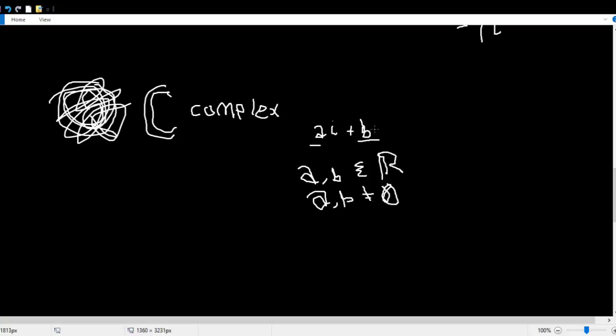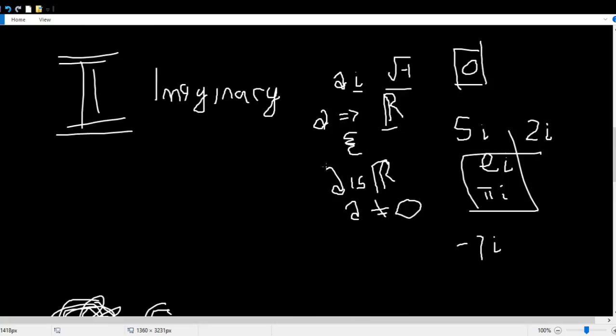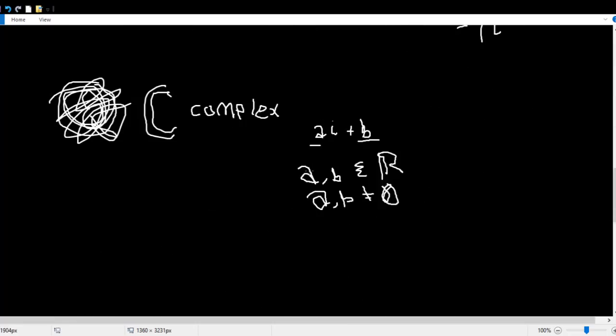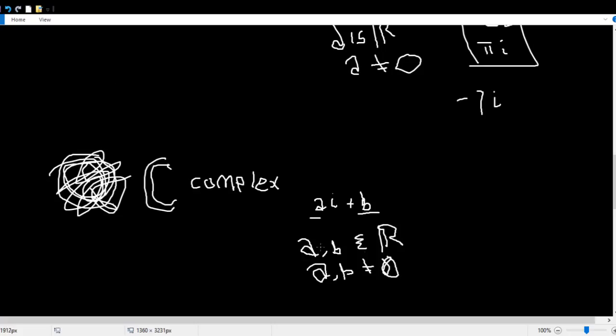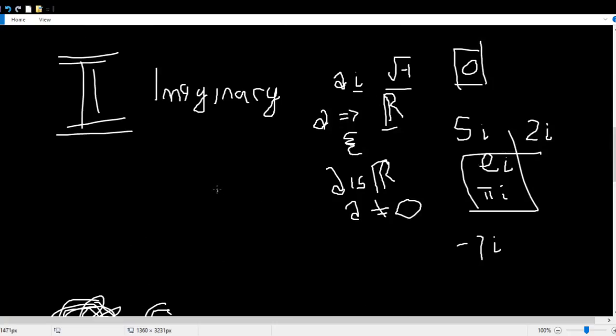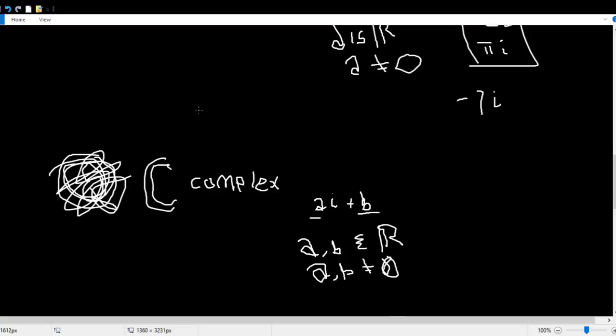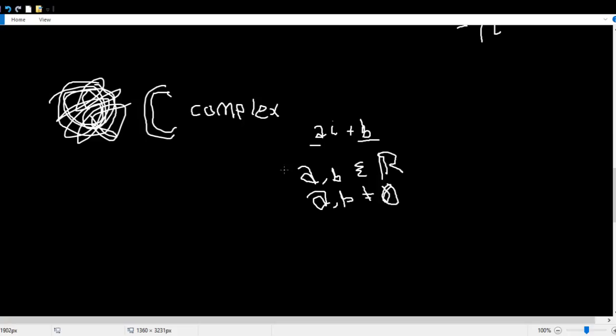Because if b is 0, then ai is just either imaginary or real, depending on what a is. But if a is 0, then you have a real value b. But if b is 0 and a is real, then you're just stuck with an imaginary unit. So it's important that both of these do not take the form of 0.